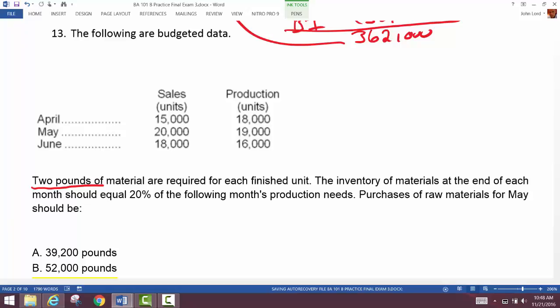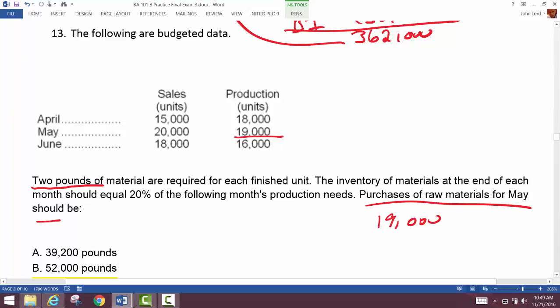So I just go ahead and start out with what I want to produce. What month are they asking me for? For May. So I look at May and I say, okay, if I need to produce 19,000 units in May, then I'm going to start with 19,000. Then what? Then they want to have an ending inventory of 20% of the following month's needs. So they're saying I have a production budget of 16,000 units in June, but I only want 20% of that, right?